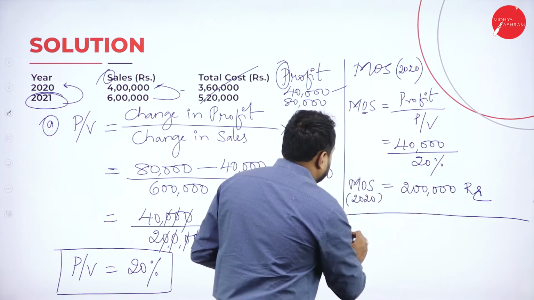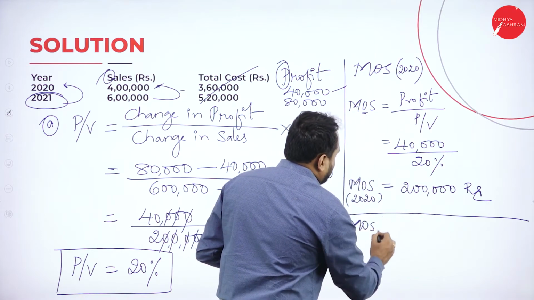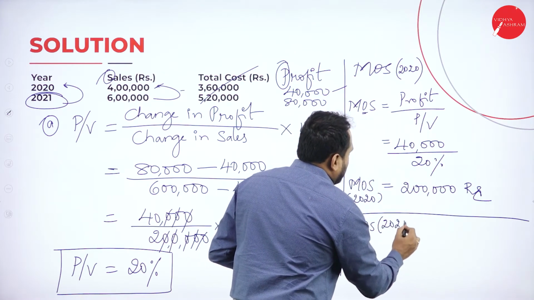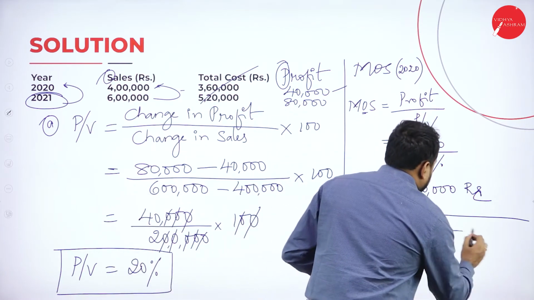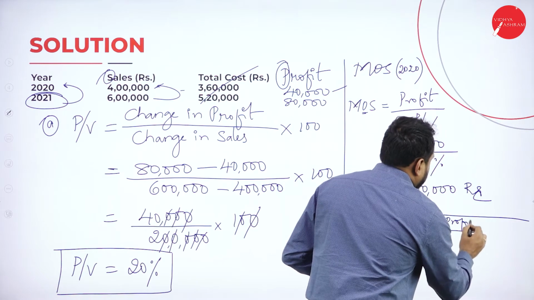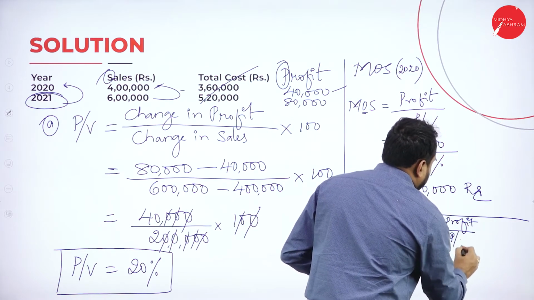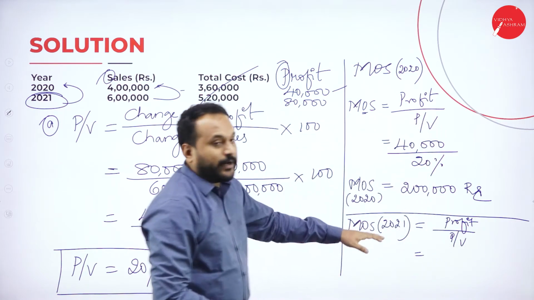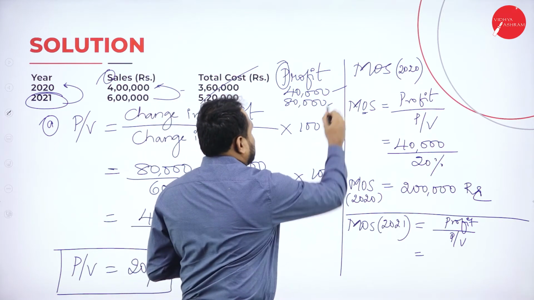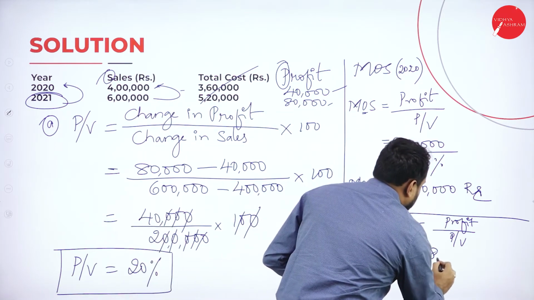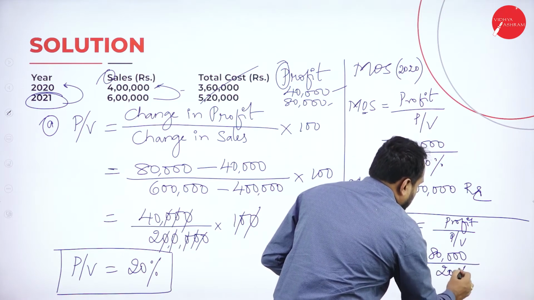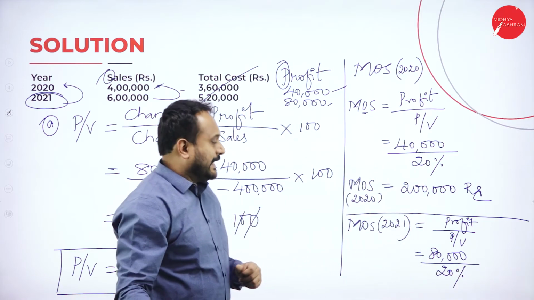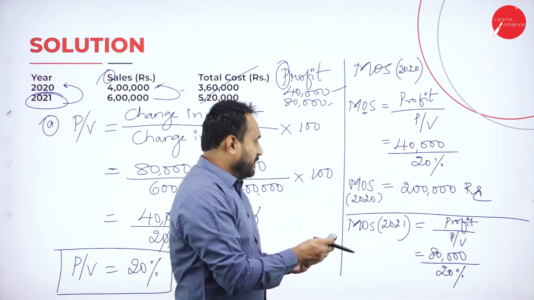Next, we have MOS for 2021 is equal to, what is the MOS formula? That is profit divided by PV. What is my profit for 2021? My profit is 80,000. So it is 80,000 divided by 20%. So I'll go with 80,000 divided by 20. It will be like double.